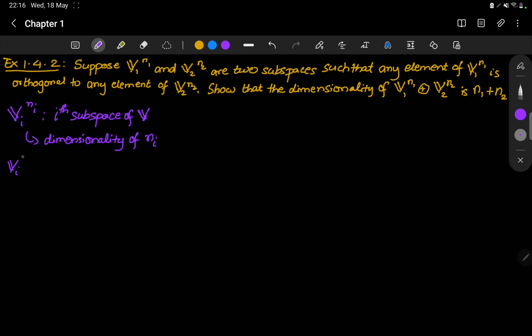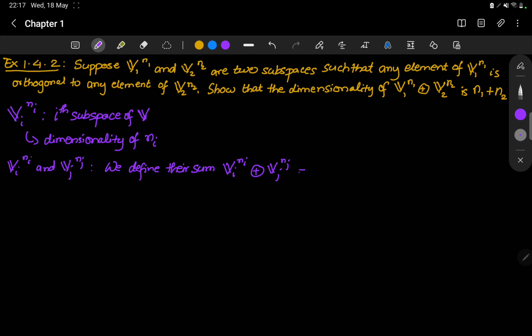So let us say we have two subspaces, so given this, we define their sum, denoted as Vi Ni ring sum Vj Nj.